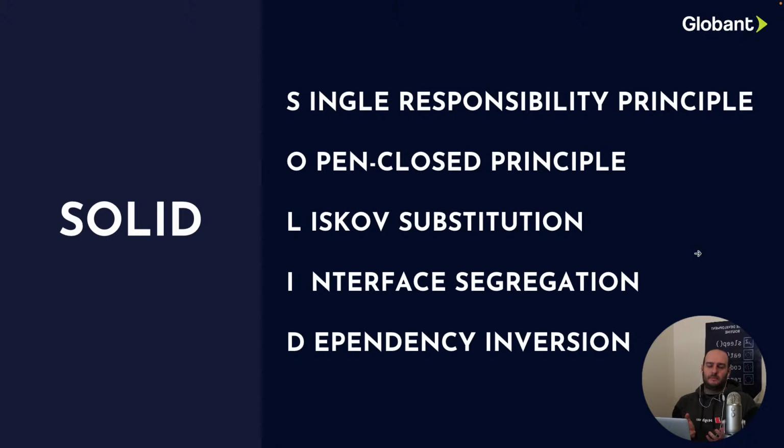All of them are very nice ways to summarize good quality software design principles that will help you create better code that will be easier to maintain, to work with, to refactor, etc.